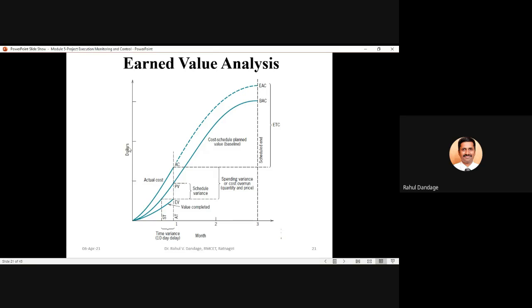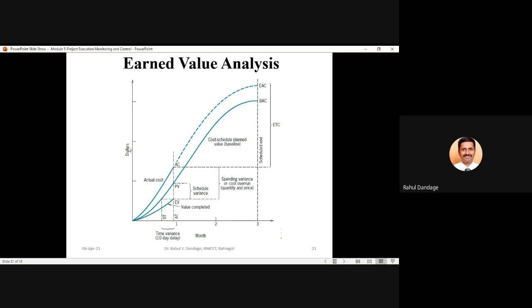Now if you look at the graph and the various terminologies mentioned, you can see there are various points like ST, AT, EV, PV, AC, EAC, BAC, ETC. These are the various terminologies mentioned on this diagram.